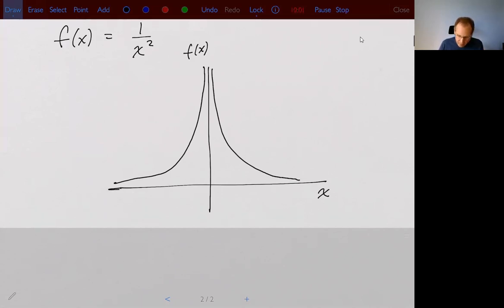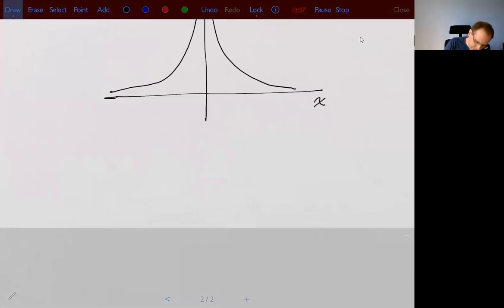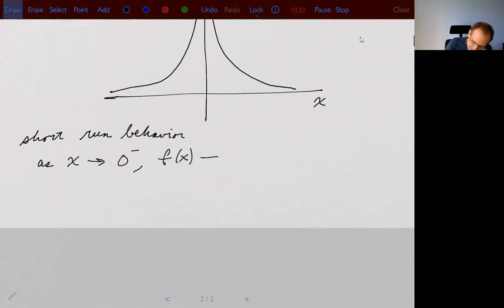Okay, so let's look at short run and long run behavior. So short run behavior. As x approaches 0 from the left, what's happening with the reciprocal squared function?